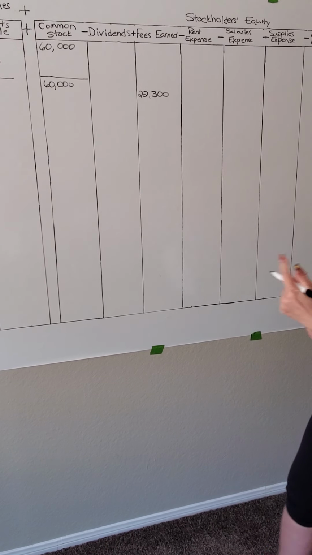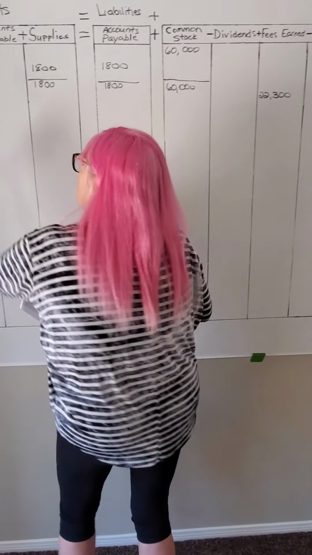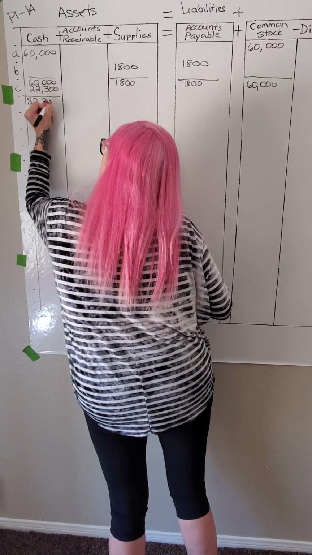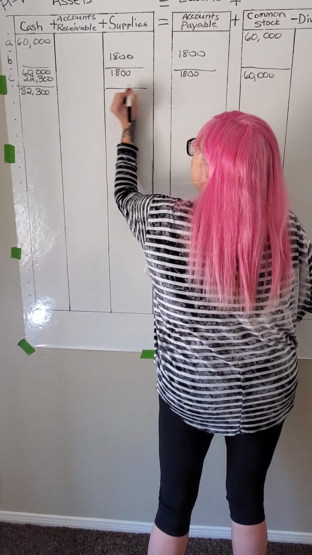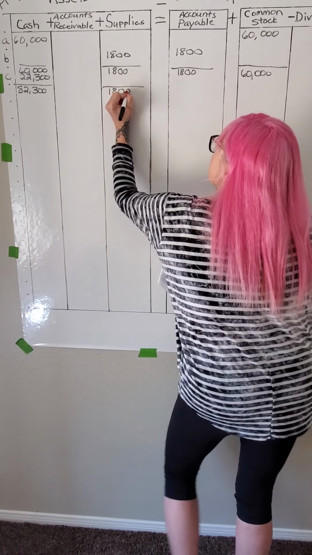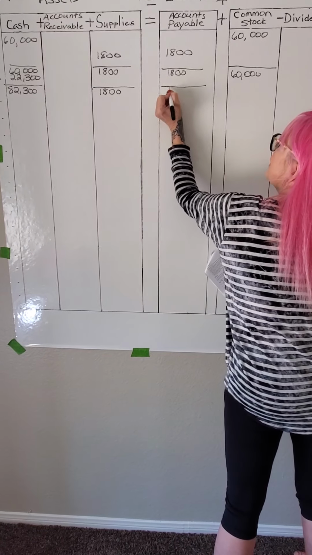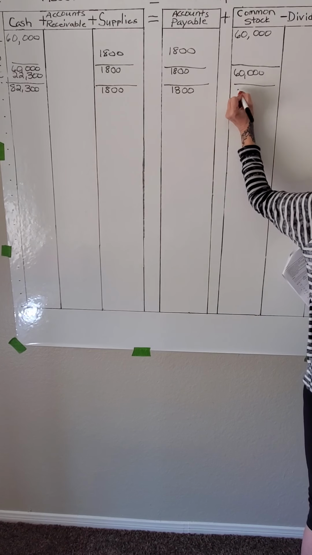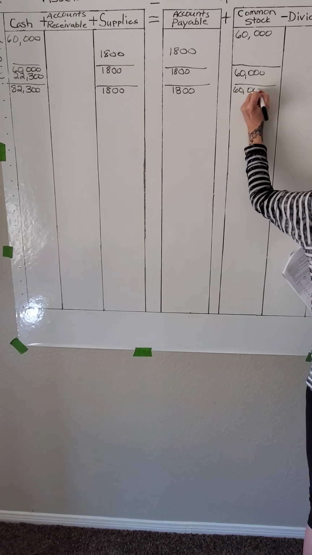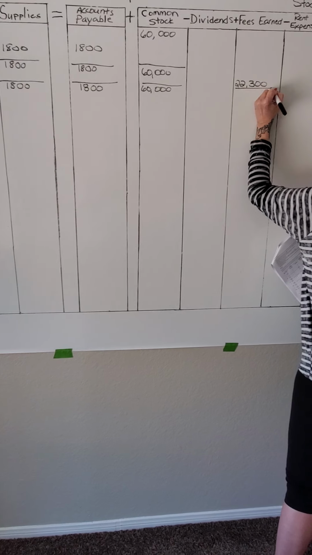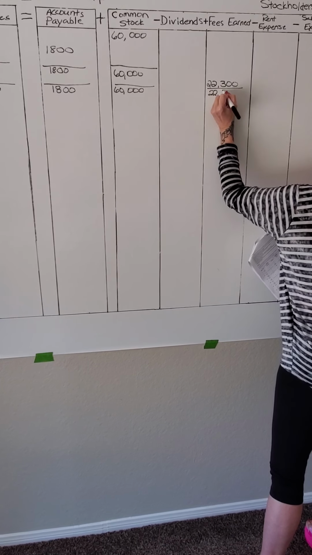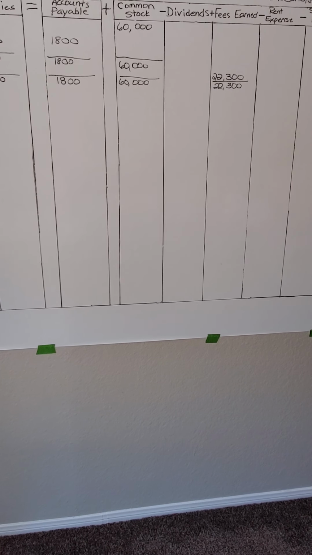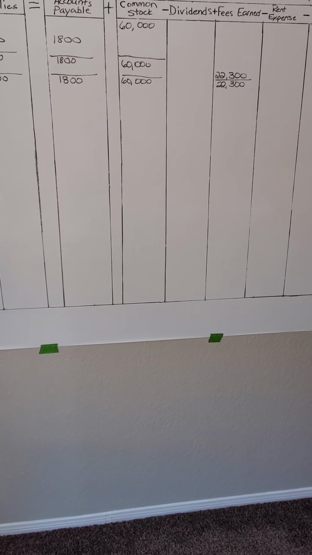And then again, we need to balance everything out. So we'll have $82,300 in cash, our $1,800 in supplies, our $1,800 in accounts payable, $60,000 in common stock, and $22,300 in fees earned. So that's our first 3 transactions.